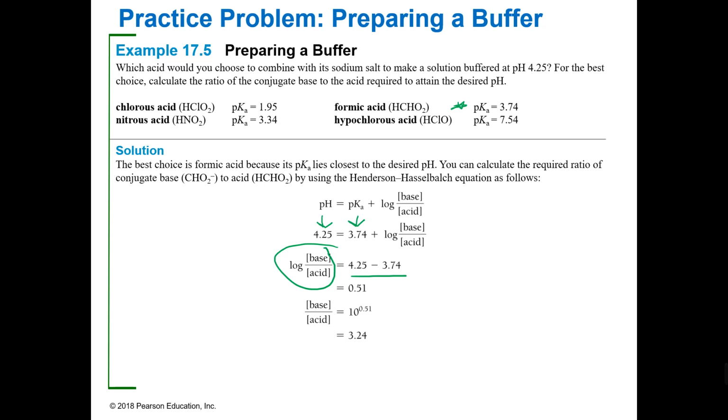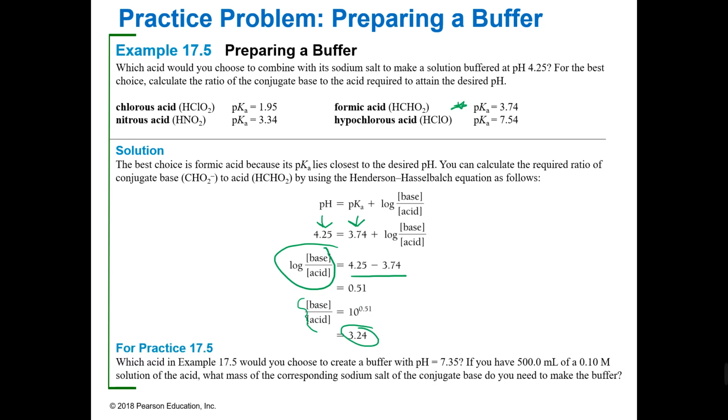In this case, 0.51. So when you do the math, you just got to remember your log functions. If I have log of the base over the acid, then I can say the base over the acid is equal to 10 to the power of 0.51, and that's going to be 3.24.